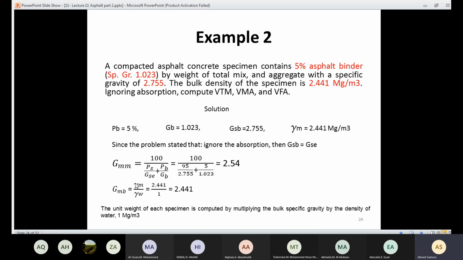So using the general formula for specific gravity, the density of the material over the density of the water, with the water density being only 1, the G sub MB came out to be 2.441. So now I got the GMM and I got the GMB, then I'm in a position to use the formulas to determine the different values.